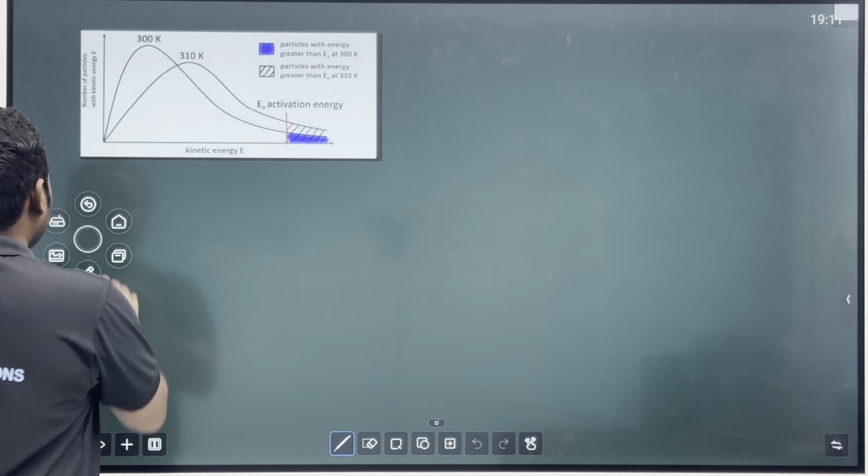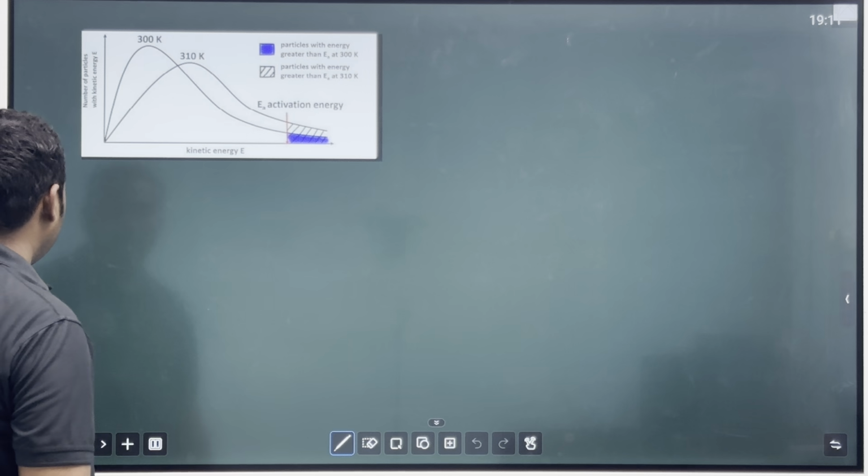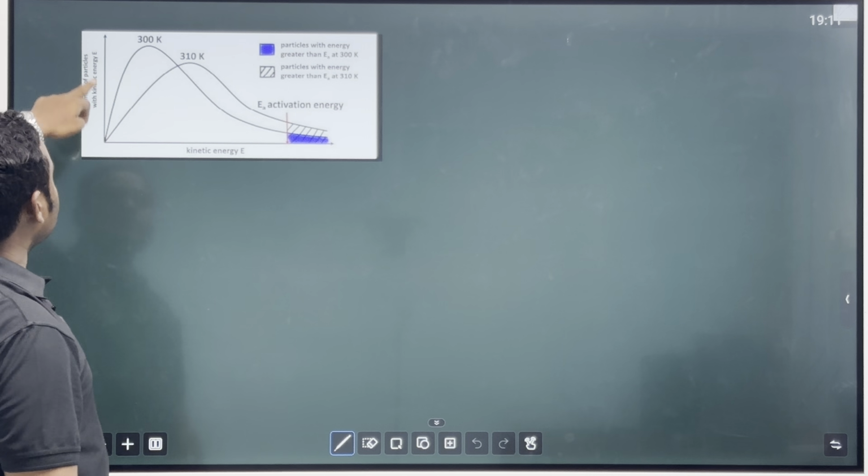So this is the graph plotted between the number of molecules and kinetic energy.